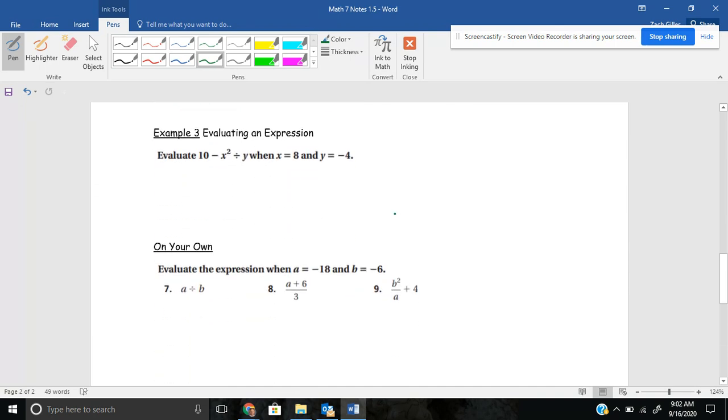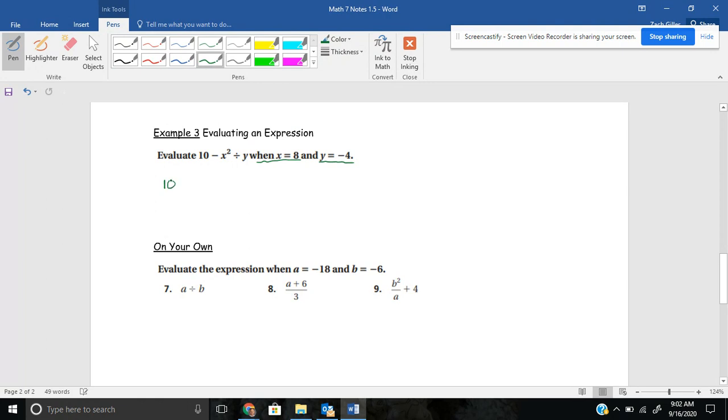Example 3 now talks about evaluating an expression. And this time it says evaluate 10 minus x squared divided by y when x is equal to 8 and y is equal to -4. So I'm going to substitute in these values into my expression here.